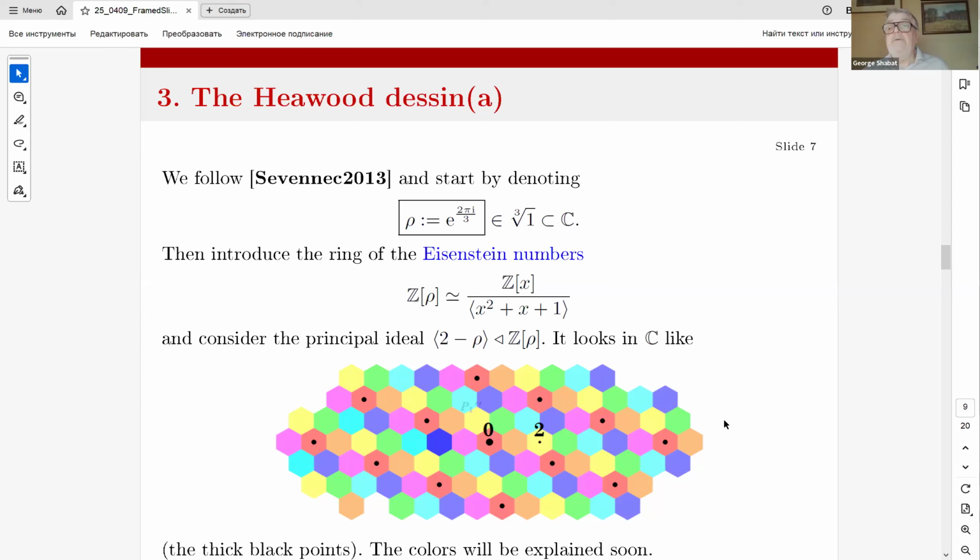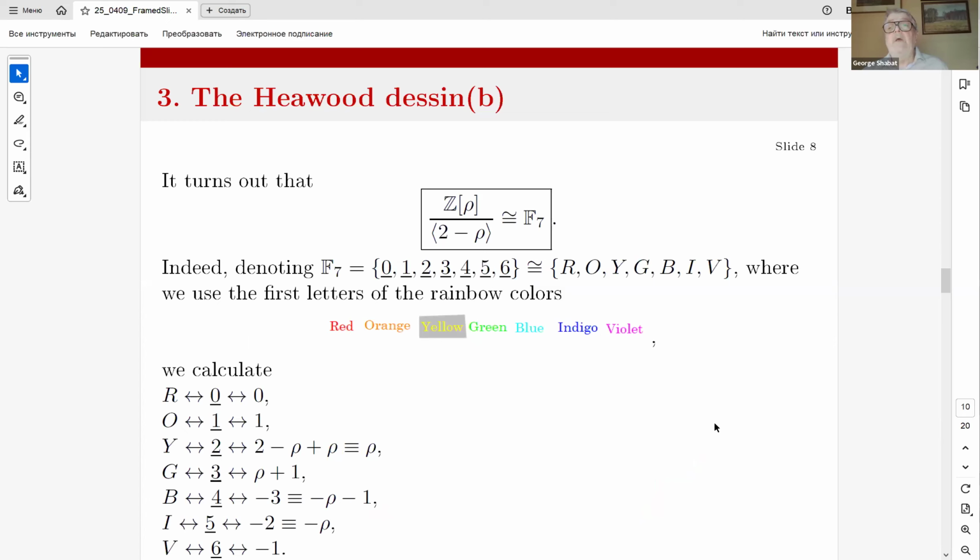So this is what I was trying to contribute for the visualization. Now there is some algebra.